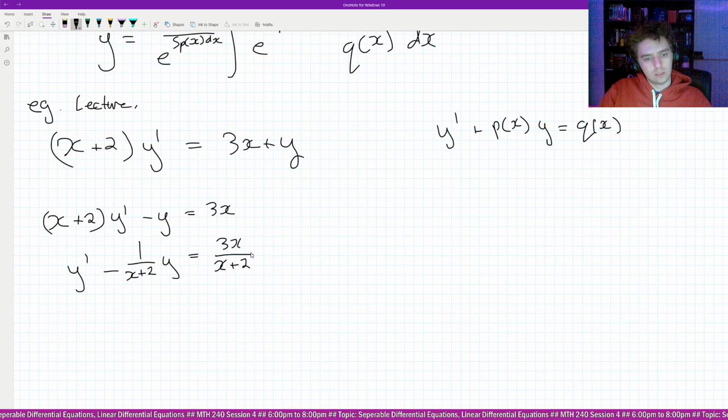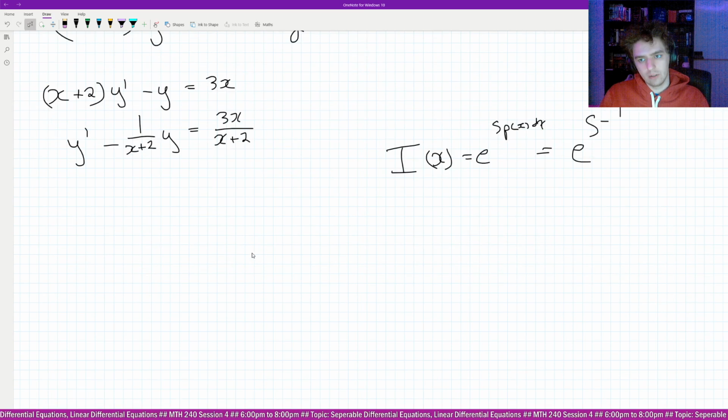Let's plug it in. It's good to get your integrating factors separately. So I of x is e to the integral p of x dx, which is e to the integral of negative 1 over x plus 2 dx, which is e to the negative ln absolute value of x plus 2.